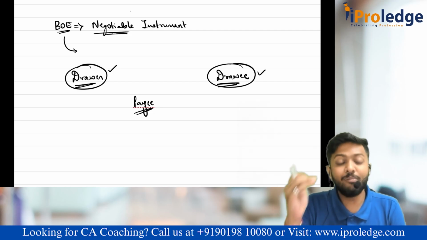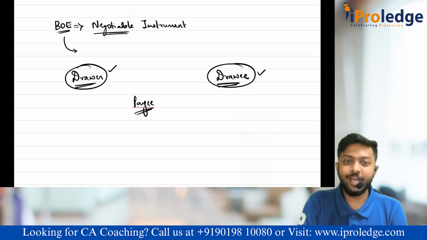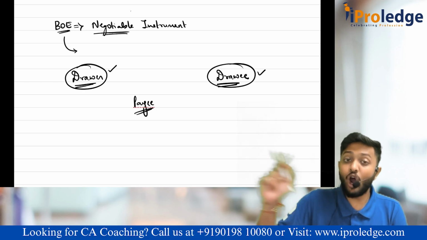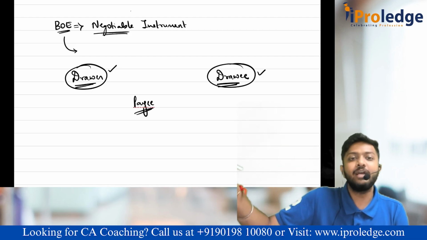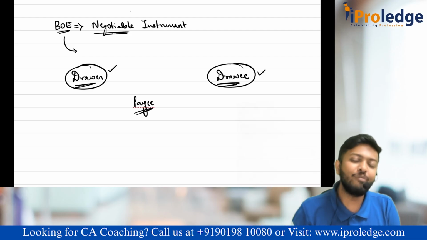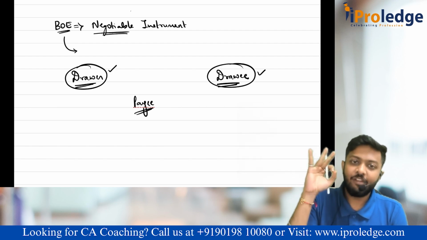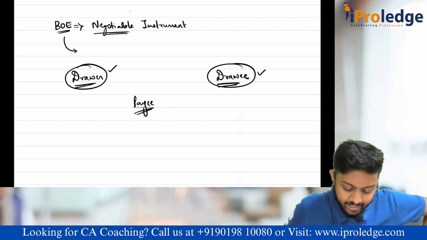Now the drawee owes money to the drawer. Correct or wrong? That's why the drawer is drawing a bill of exchange on the drawee, saying that you are supposed to pay me 2 lakh rupees after the specified period. That is, say, 2 or 3 months, etc. Generally, in case of a bill of exchange, it will be 3 days. Clear? Any doubt here? Nothing. Next.